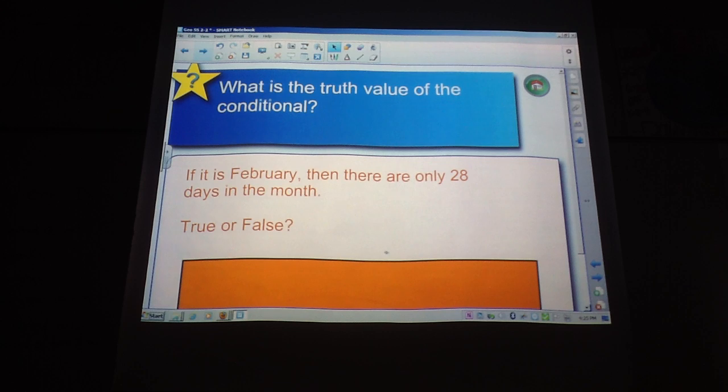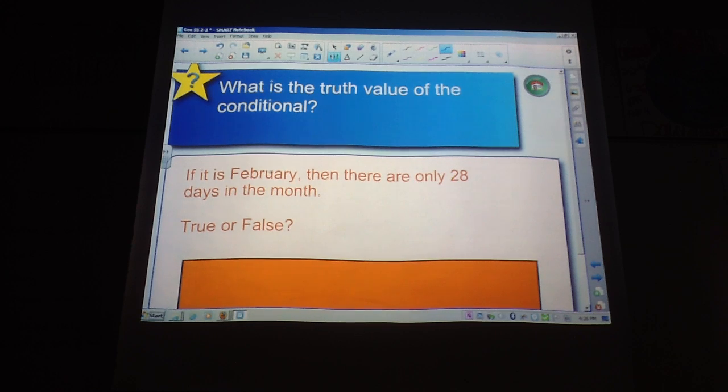So it says, what is the truth value of the conditional? If it is February, then there are only 28 days in the month. So we need to think, is there any counterexample to that statement? If there's one counterexample, then we'd say that is false.